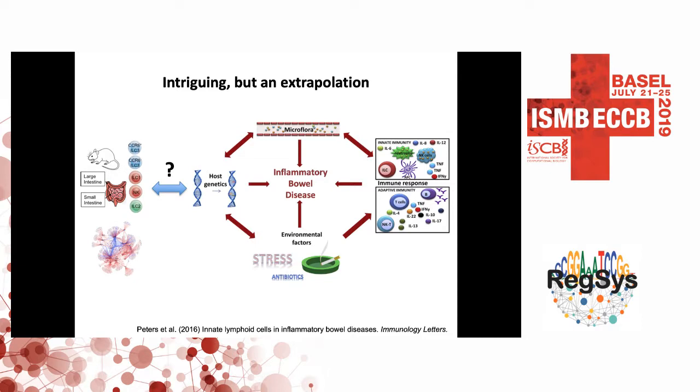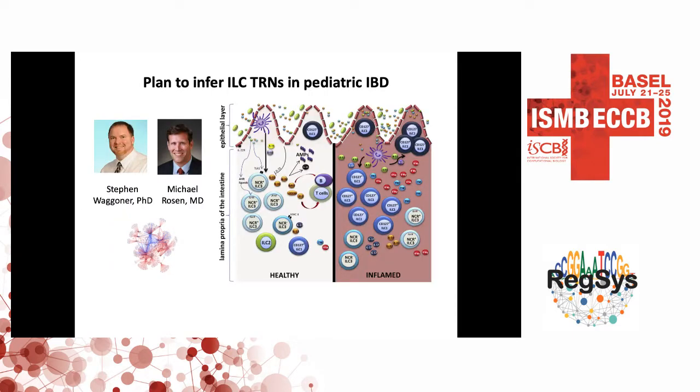However, it is quite a leap, knowing the complexity of a disease like inflammatory bowel disease, where you have a role for host genetics, multiple immune cell types, the microbiome and environmental factors. So what we decided to do next was to infer transcriptional regulatory networks in the disease-relevant setting. This is teaming up with two researchers at Cincinnati Children's Hospital.